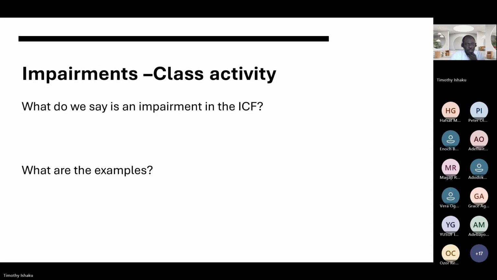So keep them coming, but I will probably continue. That's an example of impairment level. Absolutely on board. These are examples of impairment level. For a neurological condition, somebody mentioned paralysis after stroke.